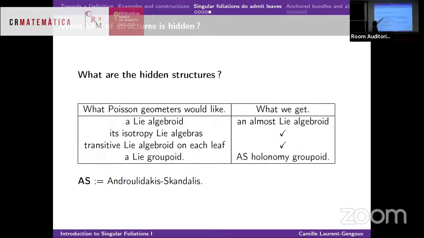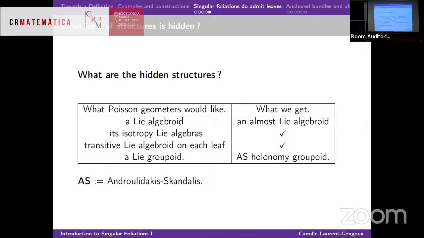Well, we would like to have behind a singular foliation, exactly like behind a Poisson structure, a Lie groupoid. It's more or less the case for Poisson structures. Behind every Poisson structure, you have, or you don't have, but anyway, it was an old problem solved by Marius Crainic and Fernandes, that you have more or less a symplectic groupoid, which is a Lie groupoid.